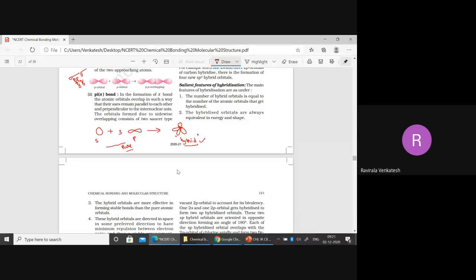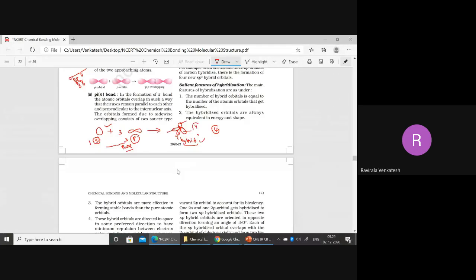For example, if one s orbital and three p orbitals participate in the hybridization, how many hybrid orbitals will we get? 4. That means the number of atomic orbitals will always equal the number of hybrid orbitals. You observe here, I have taken one s and three p orbitals. Now how many hybrid orbitals did we get? 1, 2, 3, 4.